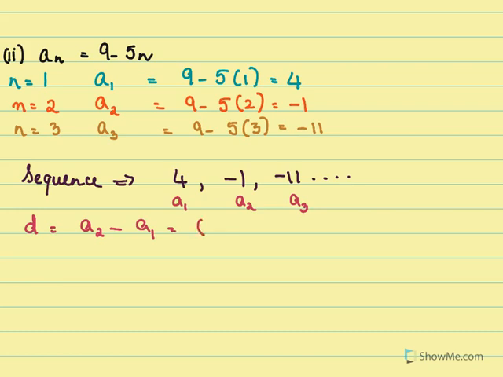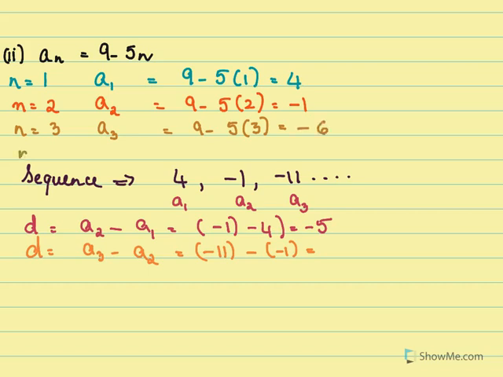So a2 we know is minus 1, and a1 is 4. So here the common difference works out as minus 5. Now let's check the next common difference, that is a3 minus a2, and we know a3 is minus 6 and a2 is minus 1, so minus 6 minus of minus 1, and here's a mistake, I think this should be minus 6 here.